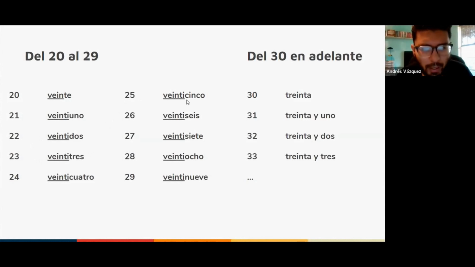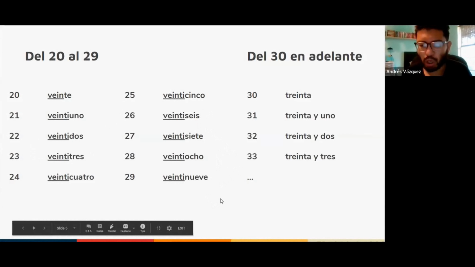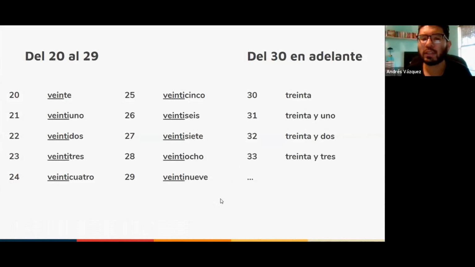So again, we see 25, 26, 27, 28, 29. So it's compound words, just like 16. They're put together into a new word that represents a different number.